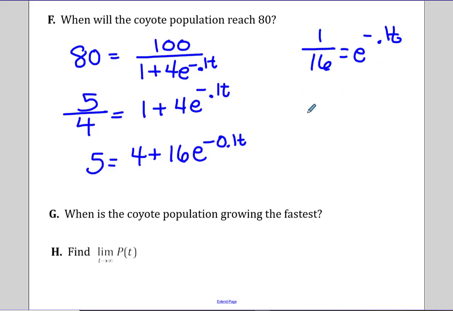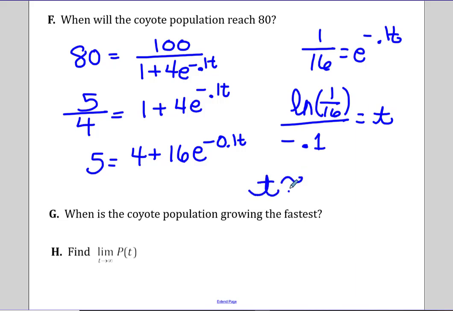So taking natural log of both sides, we got natural log of 1/16 divided by negative 1/10 is our t value, and using our calculator to estimate that, we've got 27.7258 years.